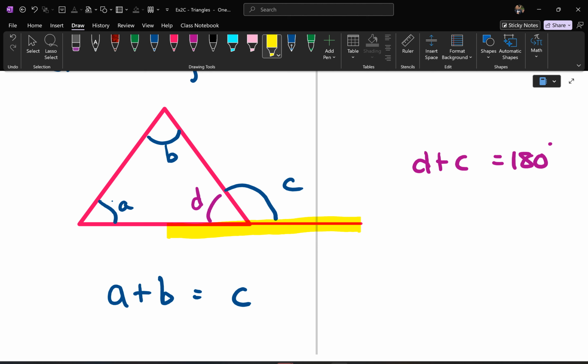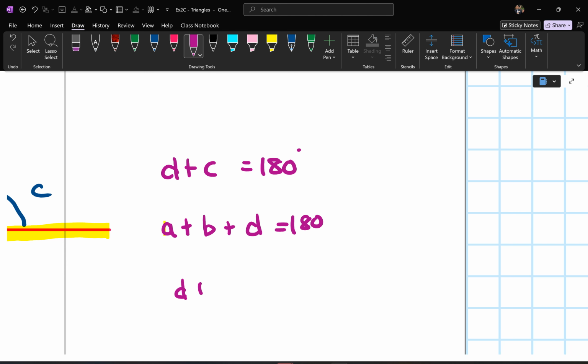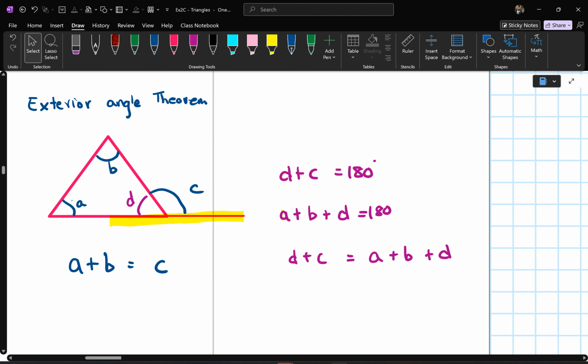Very good. And we also know, and this is how you can see the proof, A plus B plus D, so they add all the interior angles, we know that in a triangle should also equal 180. But what's interesting here is that if they're both meant to equal 180, then D plus C is equal to A plus B plus D. Now, can anyone see where the rule is coming from?